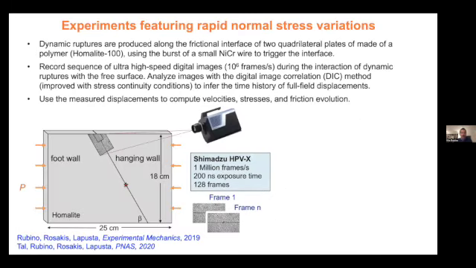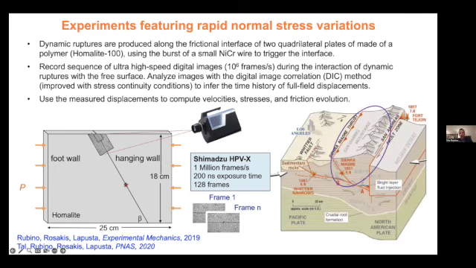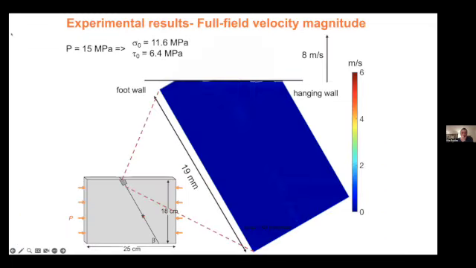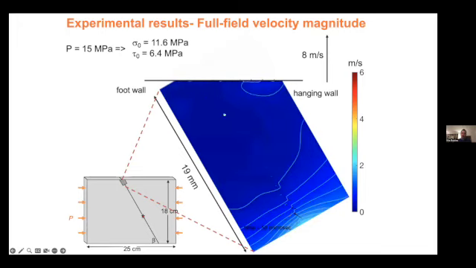And so we can test this hypothesis by using the same configurations we did before, but now looking close to the free surface. And by the way, this observation is representative of what happens in thrust faults. So let us see first the particle velocity measurements. Here we see the rupture coming from the bottom and the free surface is the top.